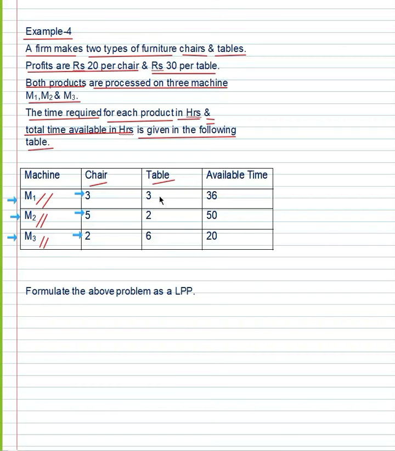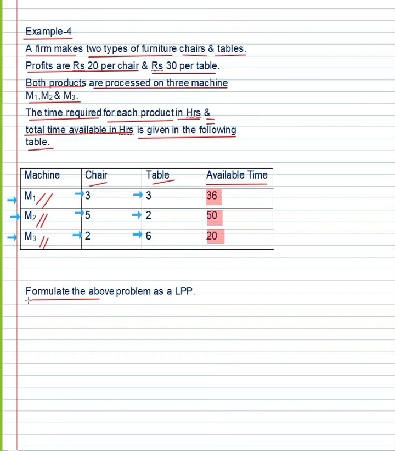Whereas each table requires 3 hours on machine M1, 2 hours on machine M2, 6 hours on machine M3. And how much time is available on each machine is given. 36 hours are available on machine M1, 50 hours are available on machine M2, 20 hours are available on machine M3.